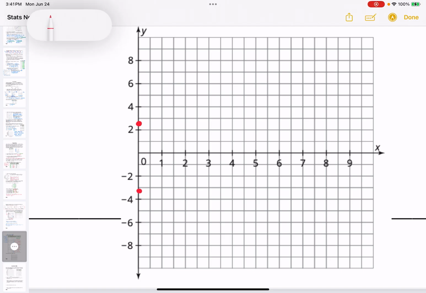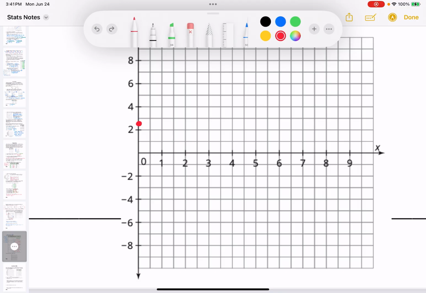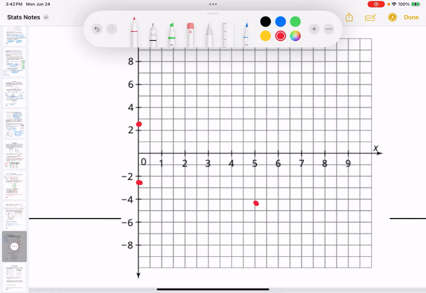No, that's not right. For 5, we only had 1, and it was negative 4.1. For 3, we had positive 0.7, and we had a negative 3.3.